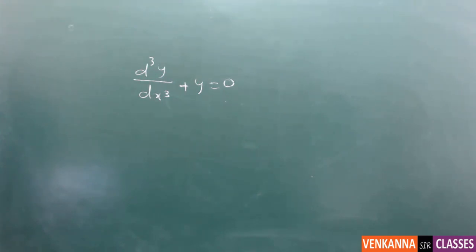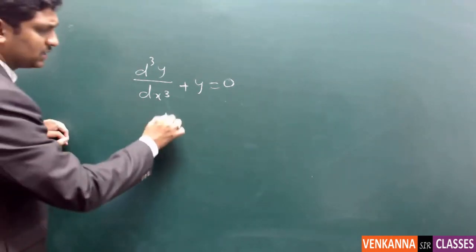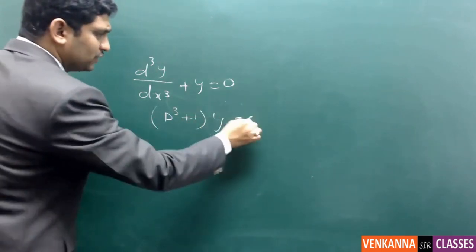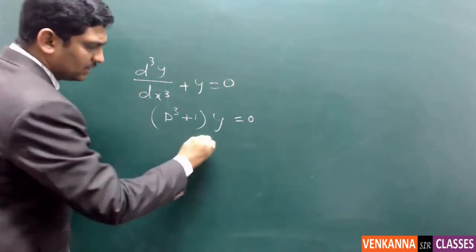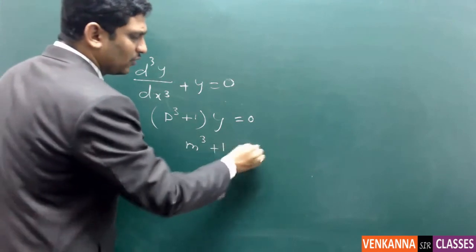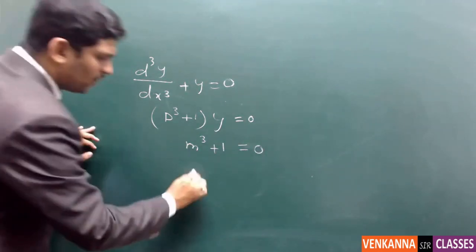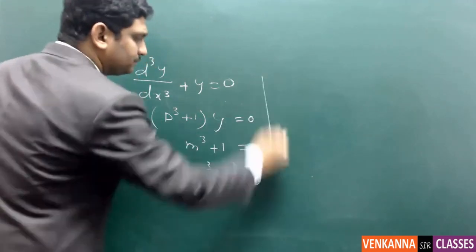Now see, it is nothing but d cube plus 1 into y equal to 0. If you read the algebraic equation, it is m cube plus 1 equal to 0, the auxiliary equation. So you can take it in the form m cube plus 1 cube equal to 0.